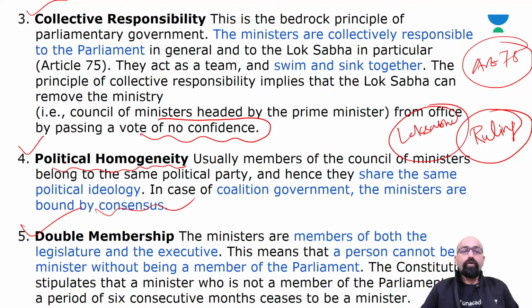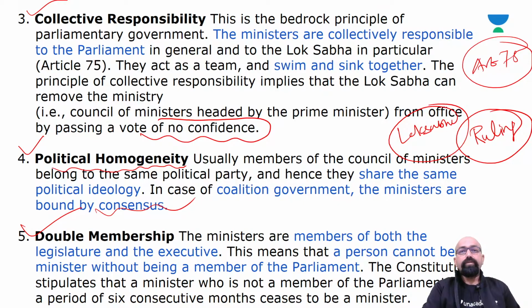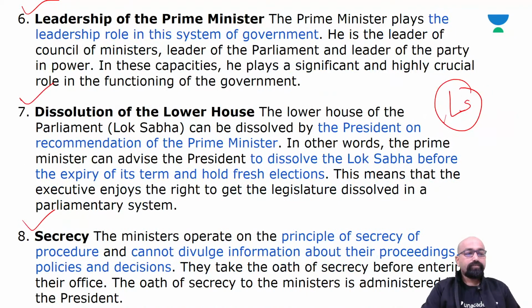Next feature is political homogeneity. Yes. So the council of ministers share the same political ideology. Double membership, members of both the legislature and the executive. In short, a person cannot be a minister without being a member of the parliament. Yes, right. Next, leadership of the prime minister is the feature of the parliamentary government system.